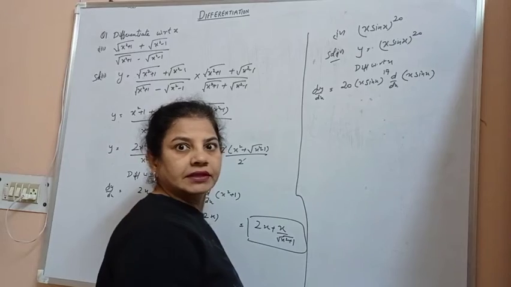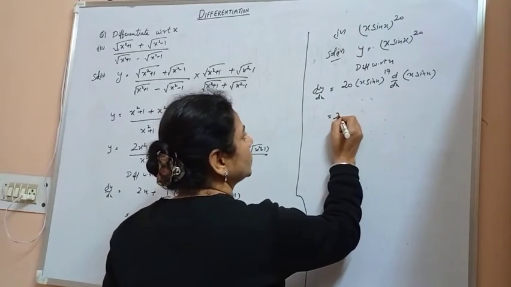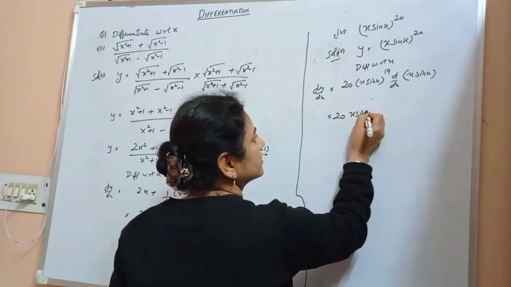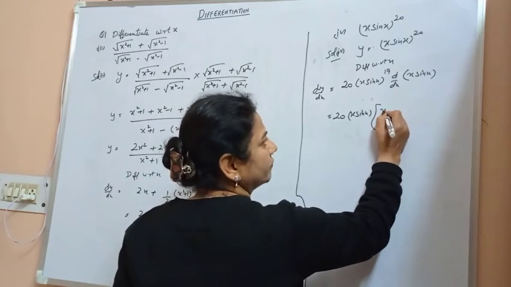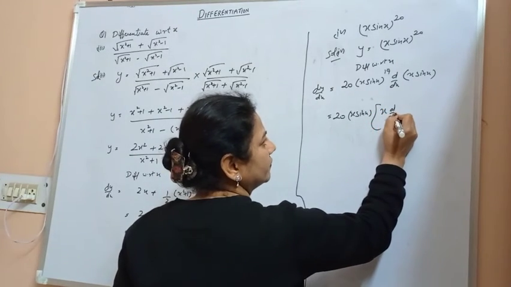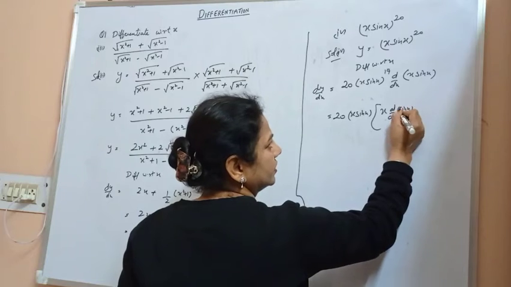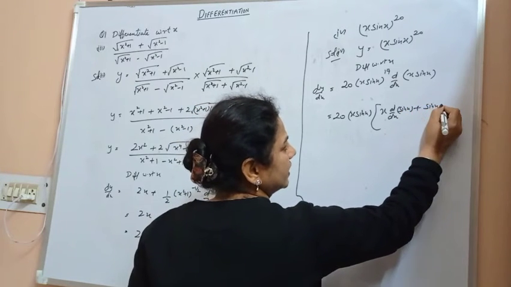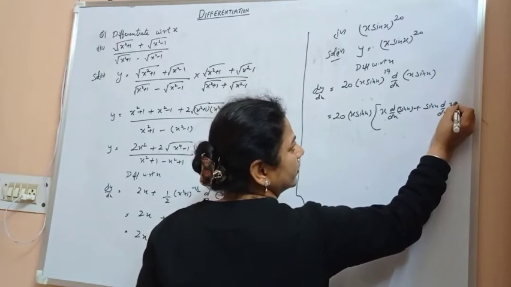In this, I will apply the product rule. I will get 20 (x sin x)^19 into first function, derivative of sin x second function, plus second function sin x into derivative of x.